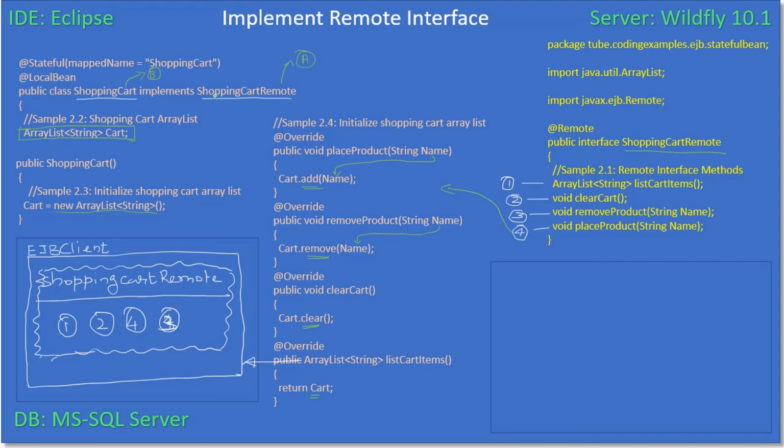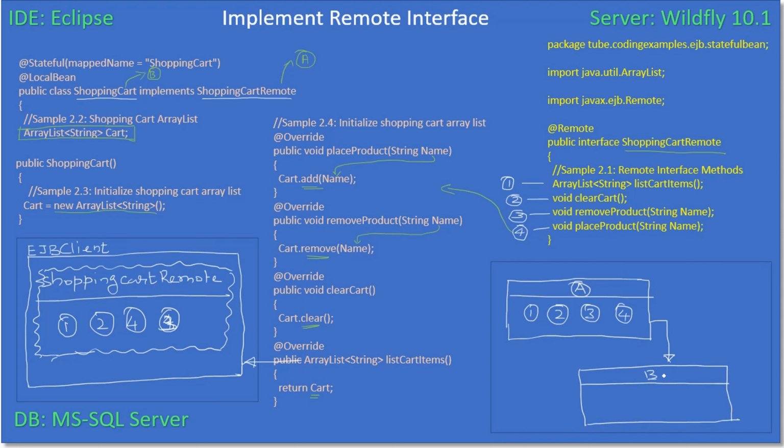Let's say this ShoppingCartRemote type is A, and the implementing class is B. The type A, ShoppingCartRemote, which has all these 4 functions, is implemented by ShoppingCart, which contains a state which is nothing but the cart here.